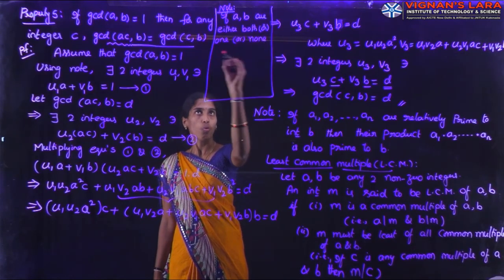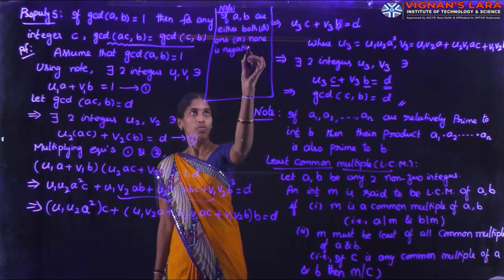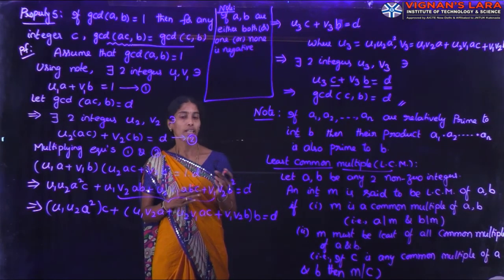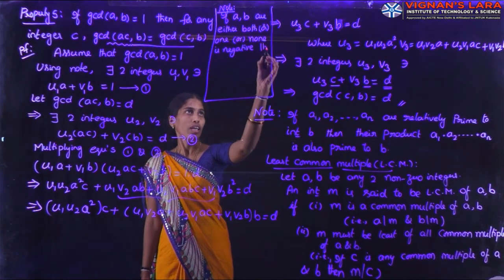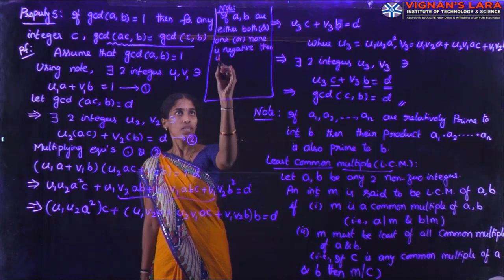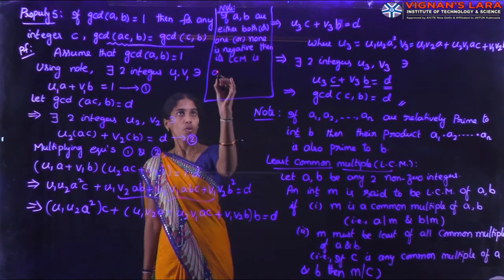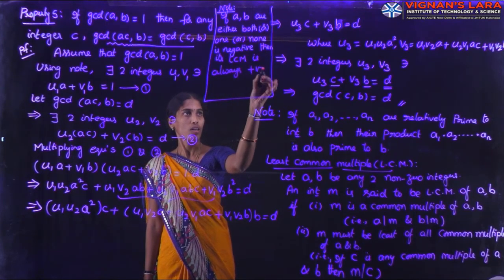That means no one is negative. If both are negative or one is negative or none is negative, means both a and b are positive, then its LCM is always positive, right? Always positive.